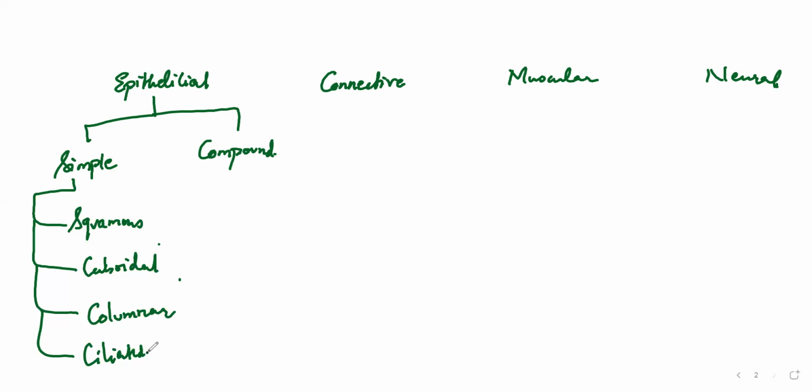Then comes the connective tissue. So in connective tissue, you have three types. That is loose, dense, and specialized.